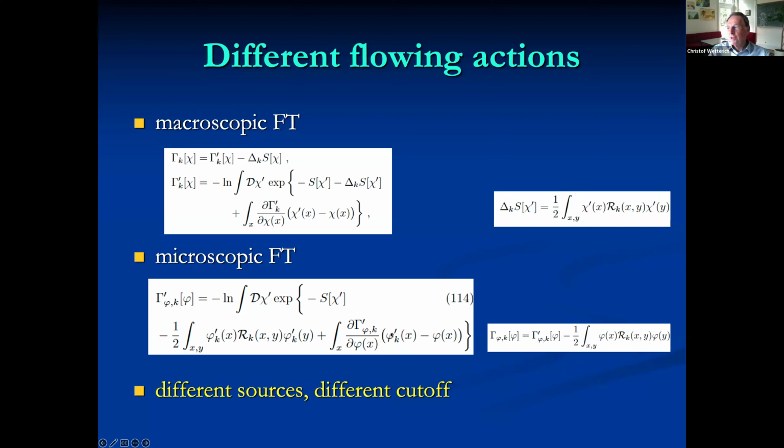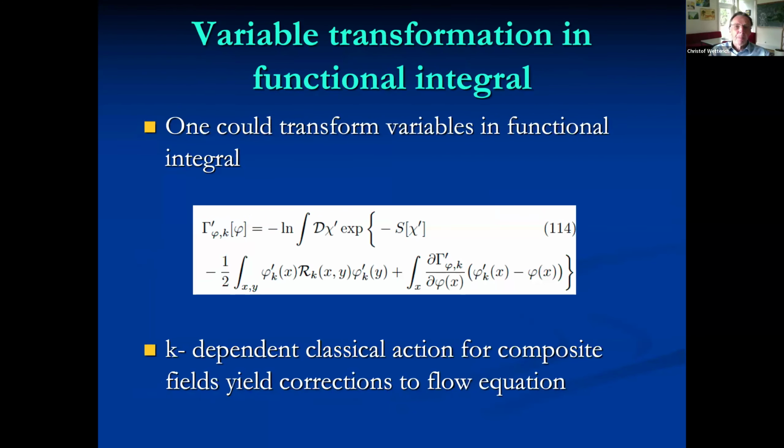Different correlation functions, different relation between observables and correlation functions, and so on. Now, why did I tell you that these microscopic field transformations are nothing else than, in a sense, the variable transformation in your functional integral?